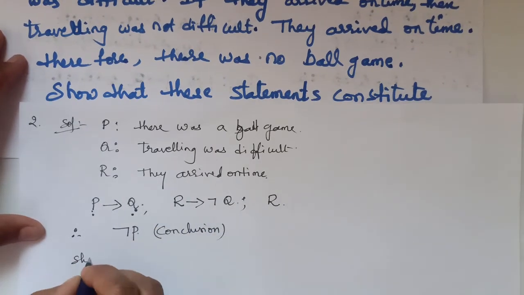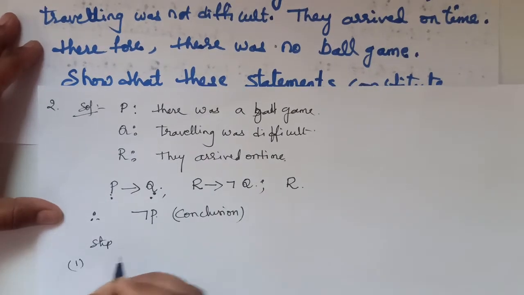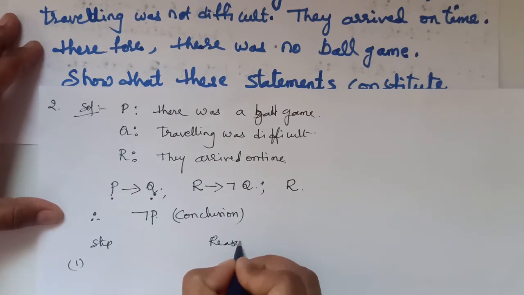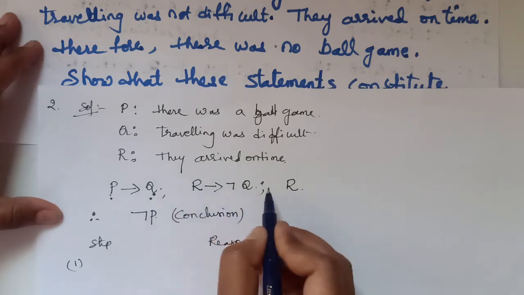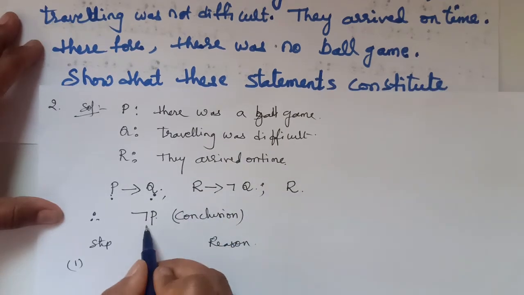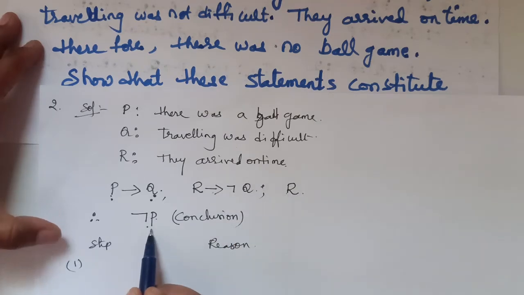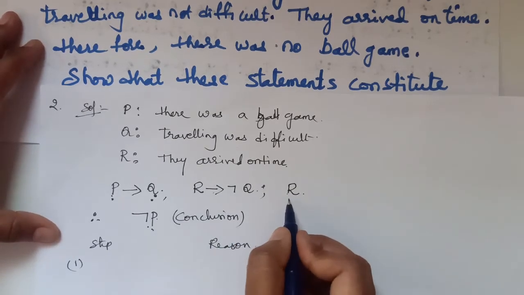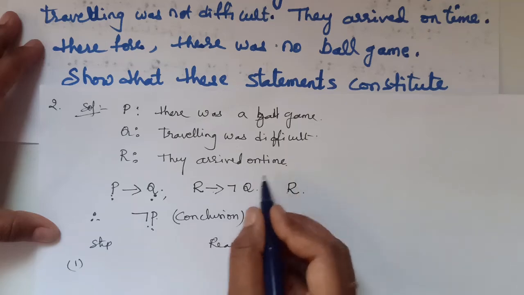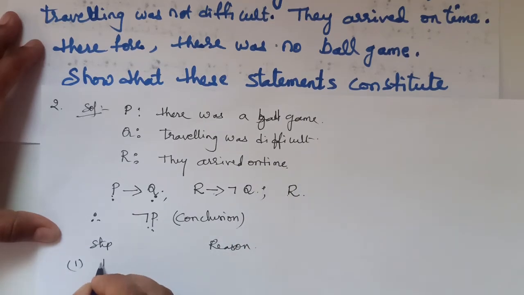Step, reason. As I said, you have three premises here and this is the conclusion. From these three premises, you have to show this is a valid conclusion. Out of these three premises, you can introduce any one premise first, your choice. So I am introducing R first.